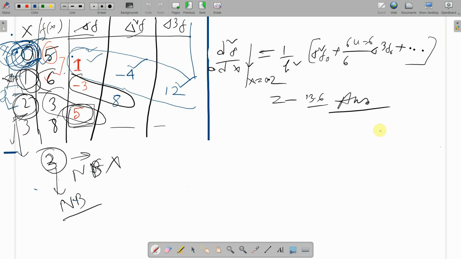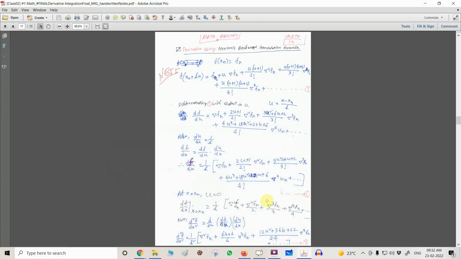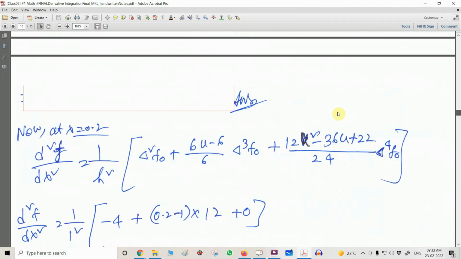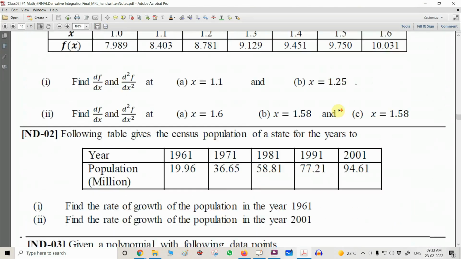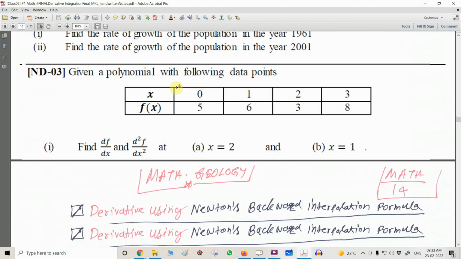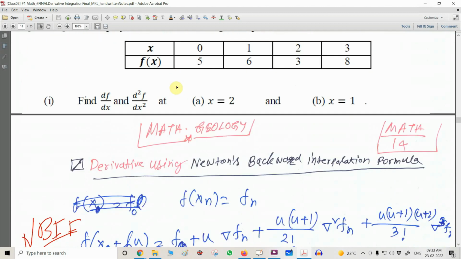Now using the Taylor series you can easily calculate the error, and that part I didn't include, but the error calculation will be done when I do the integration part. Am I audible? Is this screen visible to everyone? Yes.